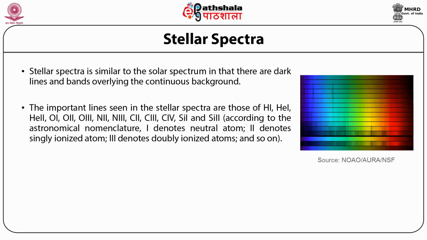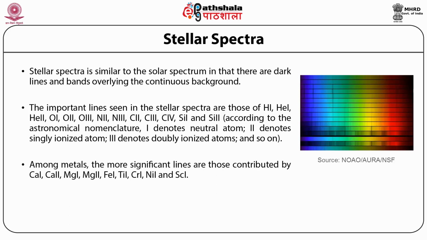According to astronomical nomenclature, I denotes the neutral atom, II denotes the singly ionized atom, III denotes the doubly ionized atom, and so on.